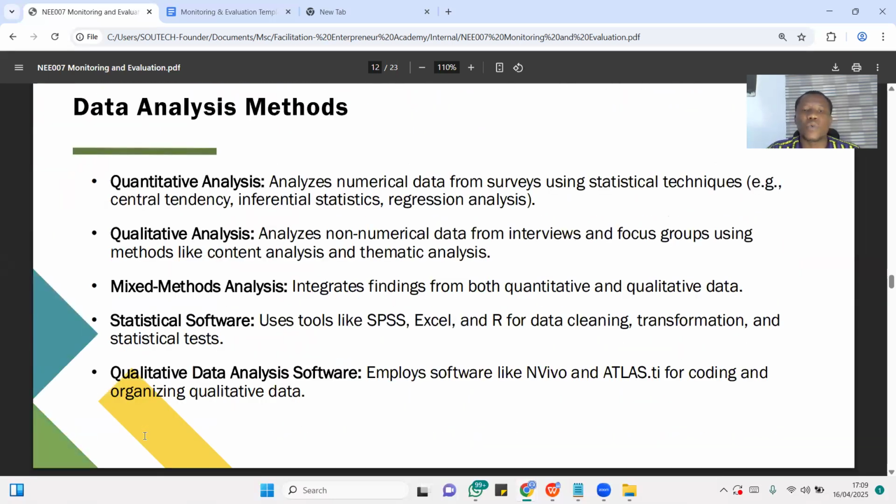Then when you collect this data, there are several ways you can do analysis. So there's a few of them here. You have quantitative analysis where you're trying to do a measure of central tendencies. So this is where you have mean, median, mode. That's what you call your measure of central tendencies. Then you have inferential statistics, where you're trying to see if there's a comparative relationship between two items.